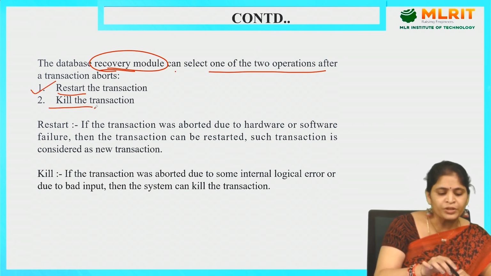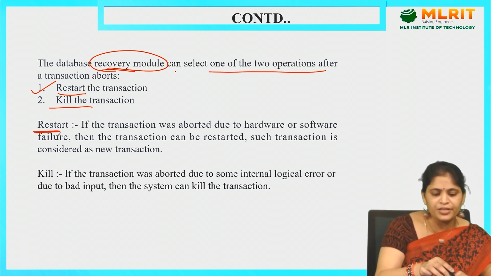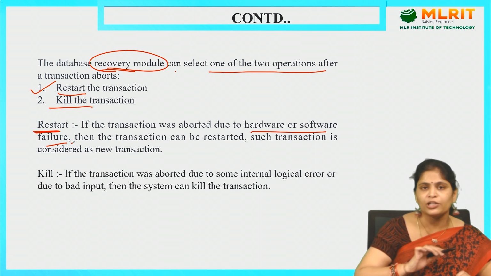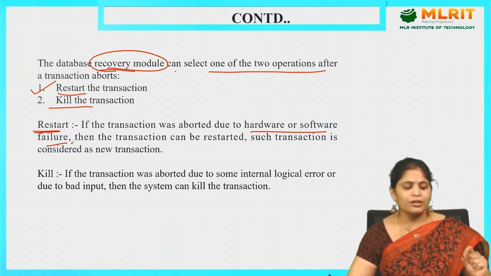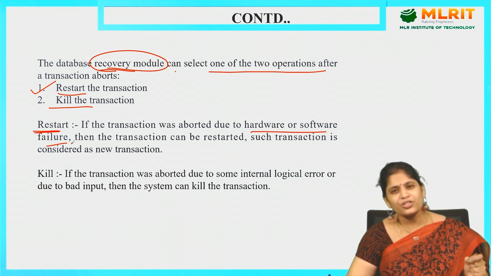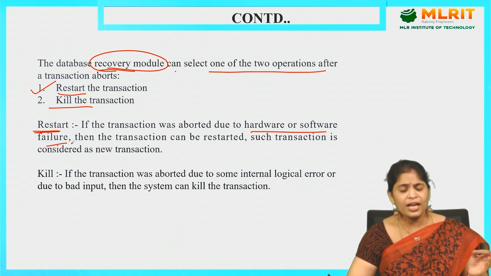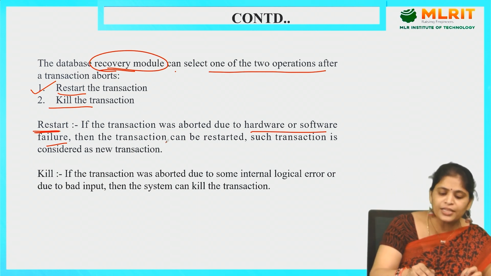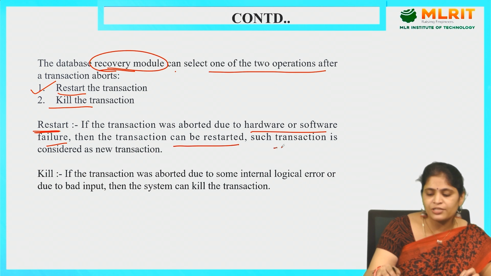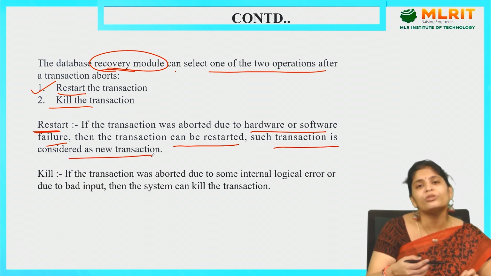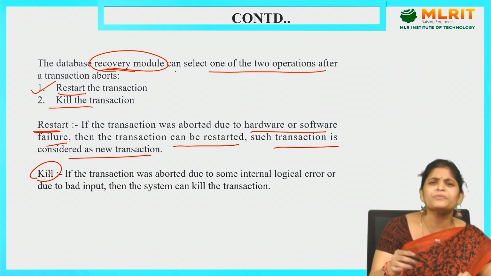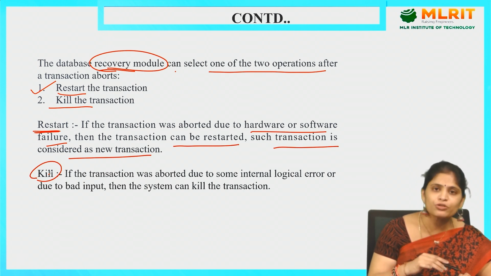Only these two. When do we restart the transaction? If the transaction was aborted due to hardware or software failure, then the transaction can be restarted. Such a transaction is considered a new transaction. What is kill here? That means we cancel the transaction. When do we kill the transaction?